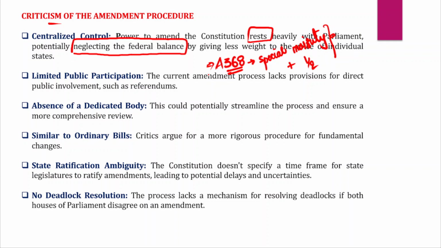The second provision is limited public participation. Limited public participation is another area of concern with respect to the amendment of the constitution. We have just discussed that not all relevant stakeholders participate in decision making when it comes to the amendment of the constitution, and in fact, the public are not active participants. So the current amendment process lacks provisions for direct public involvement, such as referendums.